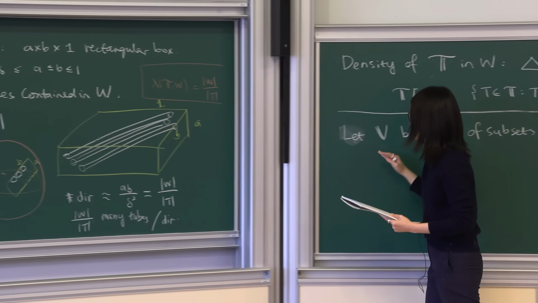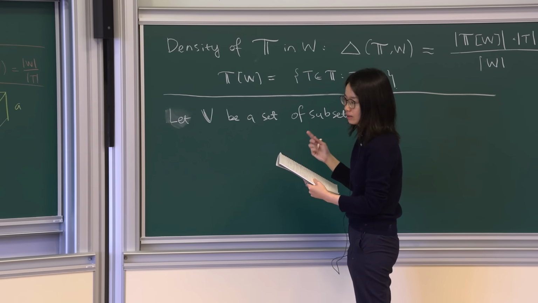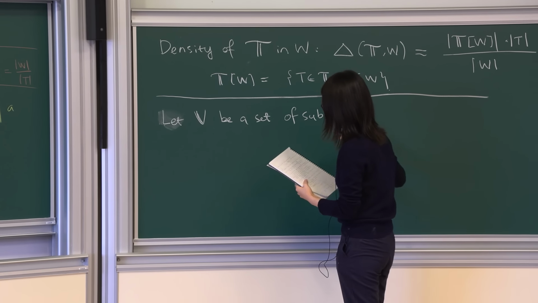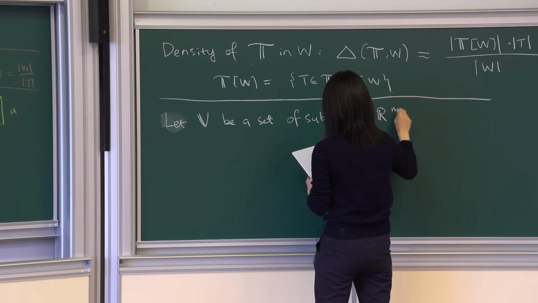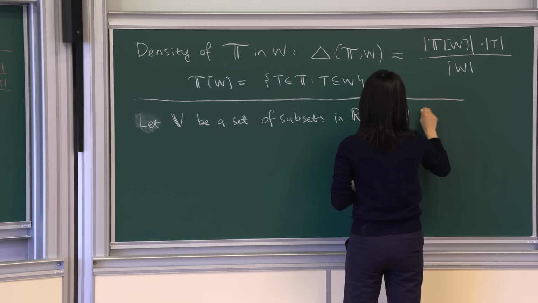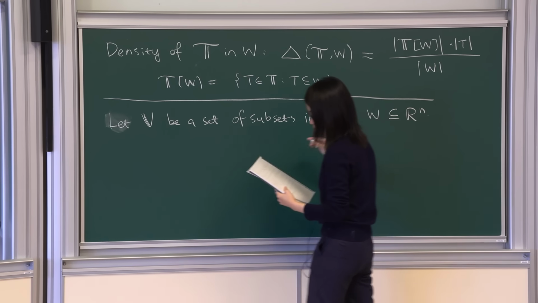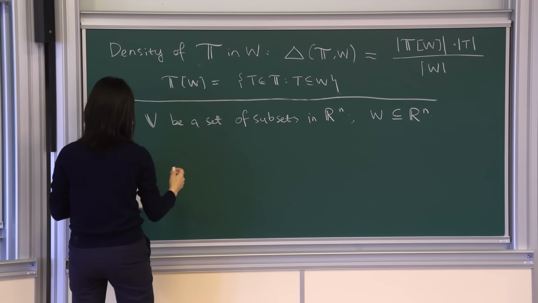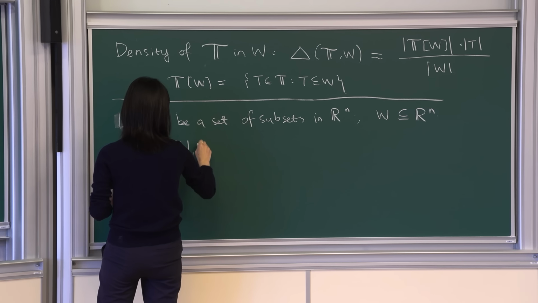So it's quite simple, but I'm just stating the definition in a more general way. Hopefully, this could be used in other settings, in R^n. And W is also a subset of R^n. Again, here this W we should think of as some sort of convex set or semi-algebraic set.